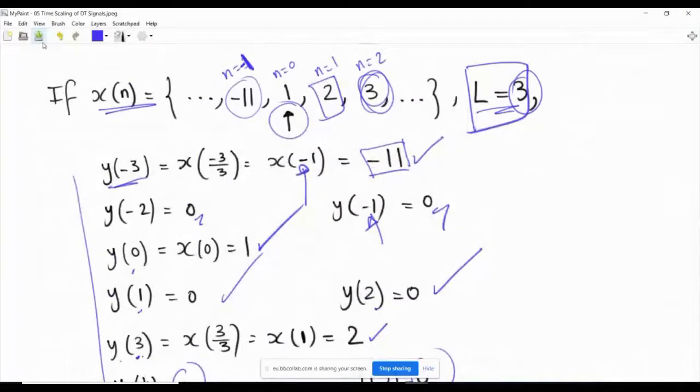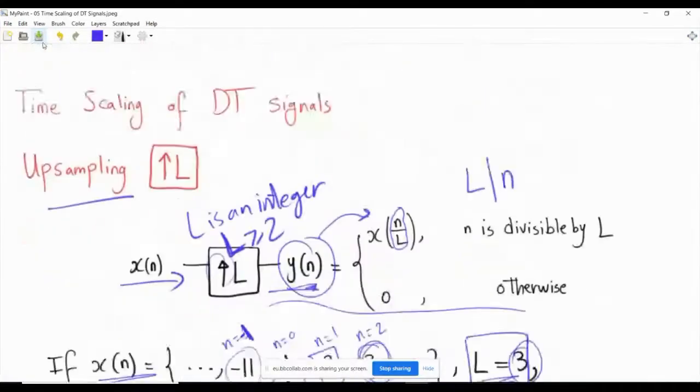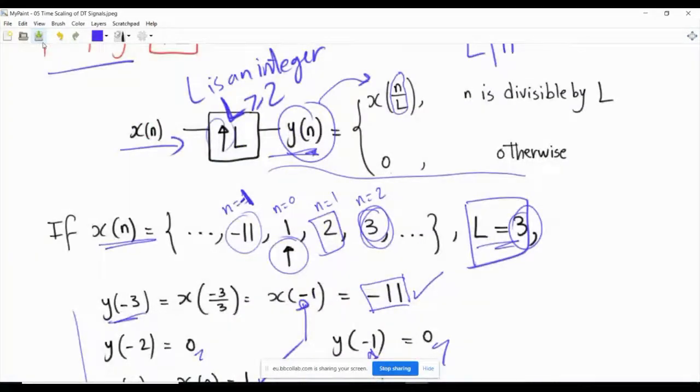They appear to be useless when you consider them alone, but if you combine upsamplers and downsamplers with digital filters, you design digital components called interpolators and decimators. And those are extremely important in modern digital signal processing.